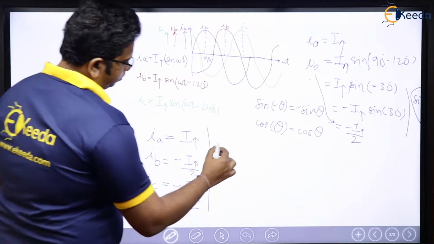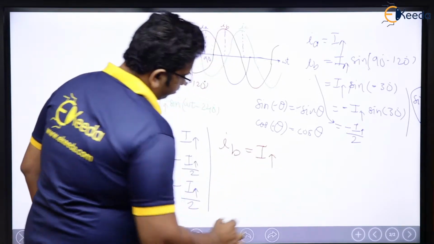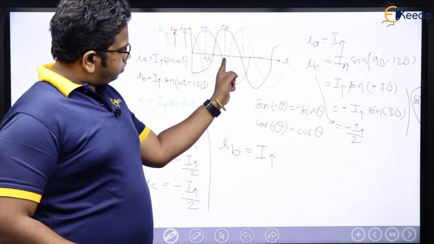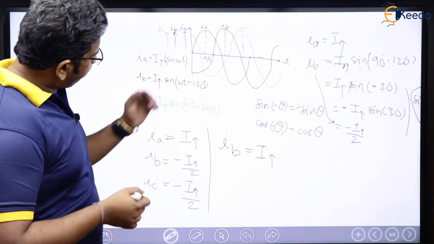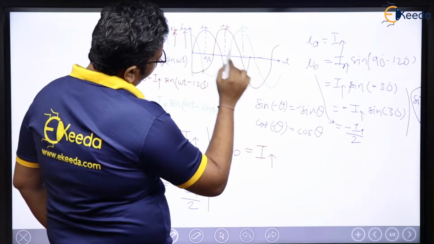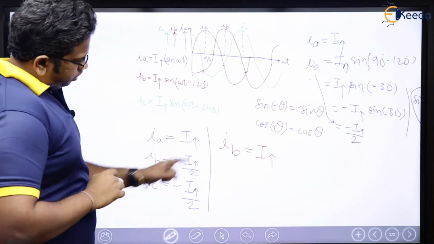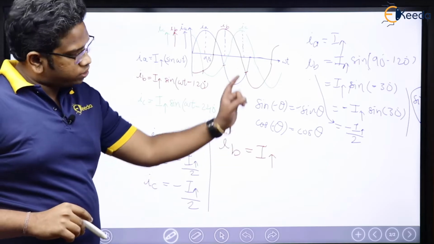What about if IB is I maximum? At that particular instant, the same story will repeat. It will be half. In case of IB equal to I maximum also, you can do the same procedure.